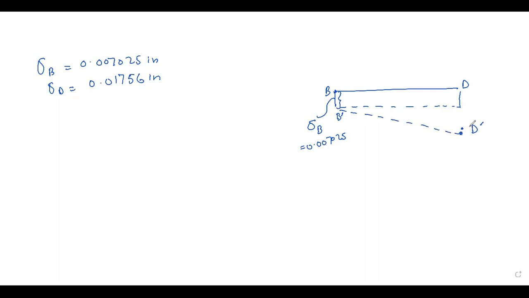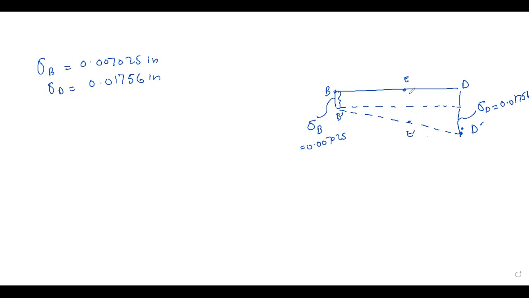Okay. So the deflection will be like this at point D dash. This is the deflection at point D. Now, what is the value here is 0.01756. Now we have point E here and we have E dash here.